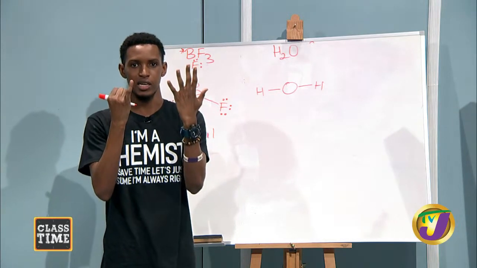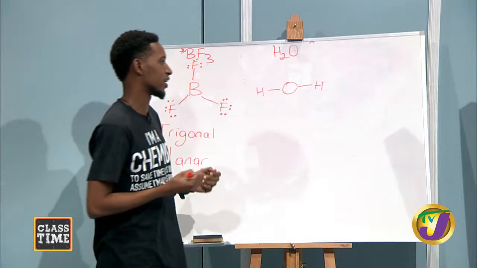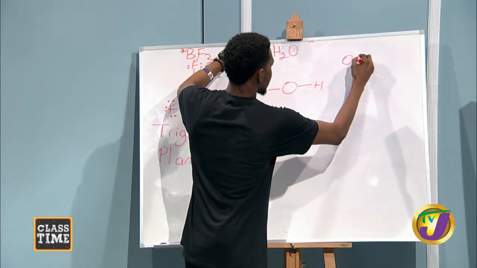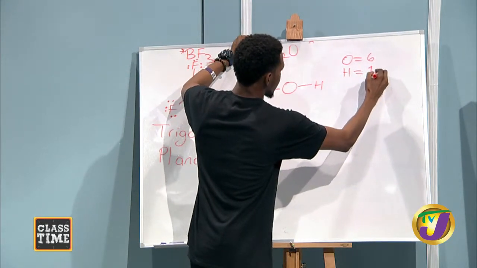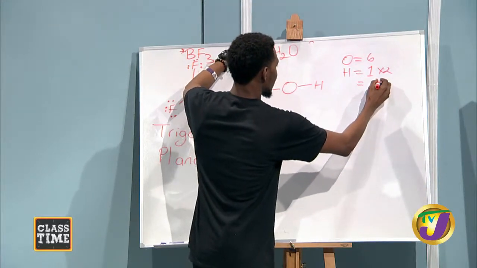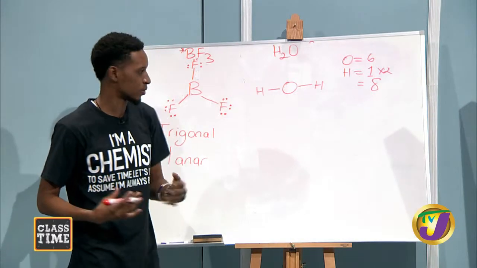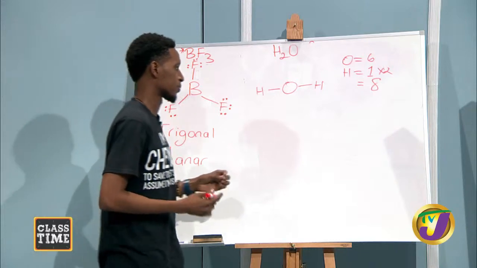Therefore, it has 6 electrons on the valence energy level. So oxygen has 6. Hydrogen has 1. But there are 2 hydrogens. So we have a total of 8 electrons to play around with. So this system should have 8 electrons spread over it.